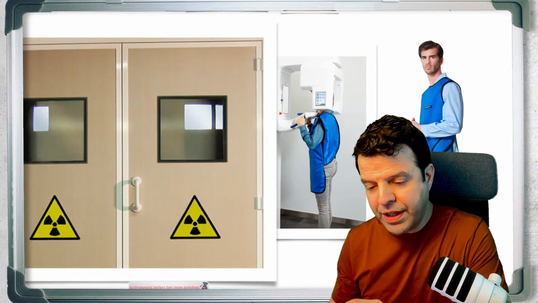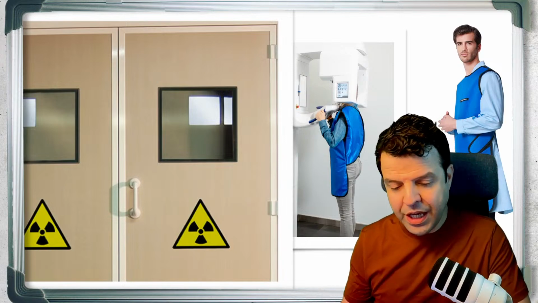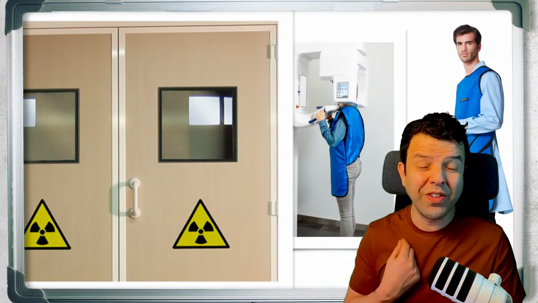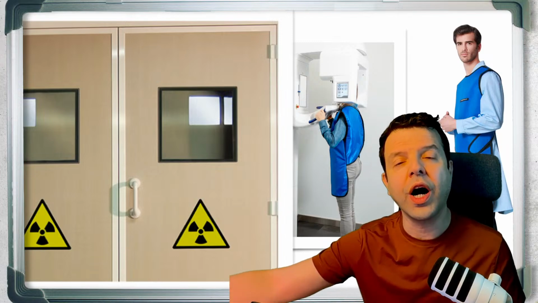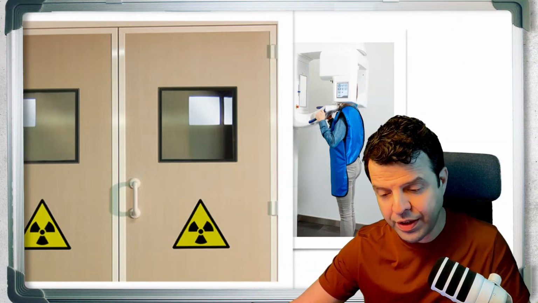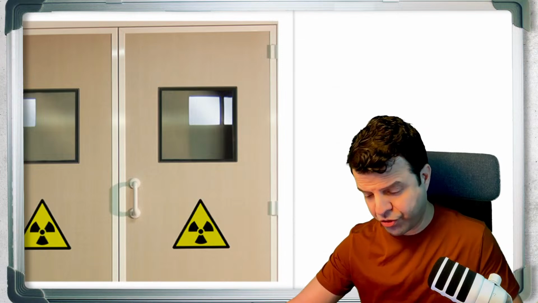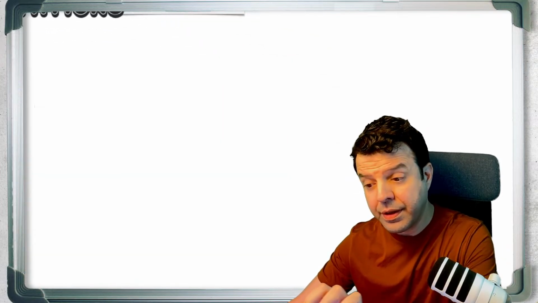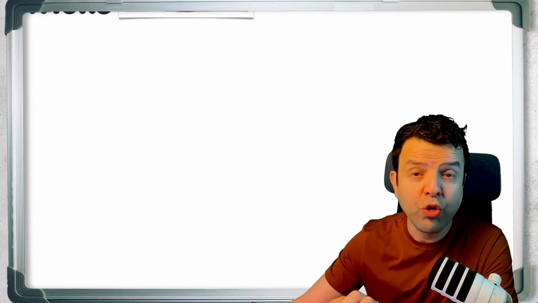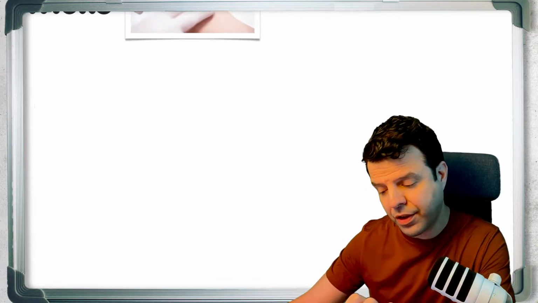Why is radiation one major cause of mutation? Because our DNA is very sensitive to ionizing or X-ray radiation, and the damage is usually shown in the form of diseases such as cancer.